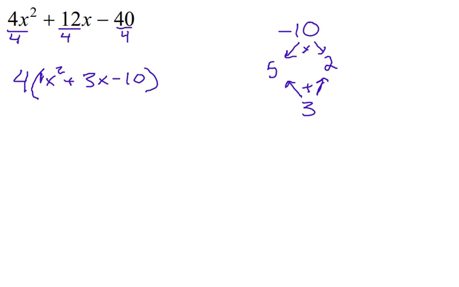Hopefully 5 and 2 are jumping out to you. 5 times 2 is 10. 5 minus 2 is 3. So that 2 needs to be negative. Okay, so let's check it. 5 times negative 2 is negative 10. Ding. 5 plus negative 2 is 3. Ding. And so those are our factors.